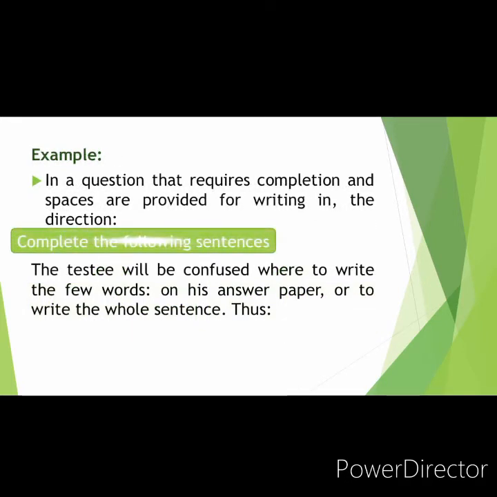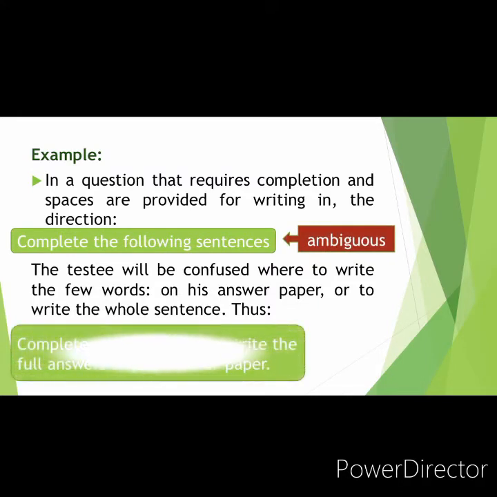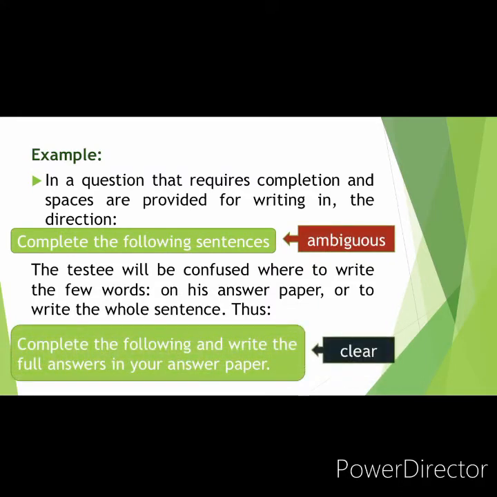In a question that requires completion and spaces are provided for writing in, the direction "complete the following sentences" is ambiguous. Why? Because the testee will be confused whether to write the few words on his or her answer paper or to write the whole sentence. Thus, the direction "complete the following and write the full answers in your answer paper" is the clear one.